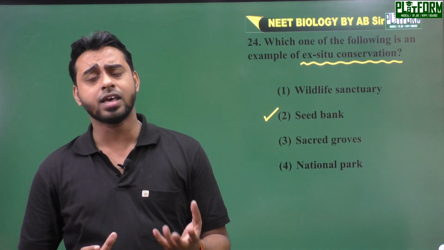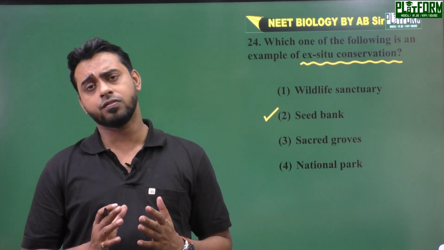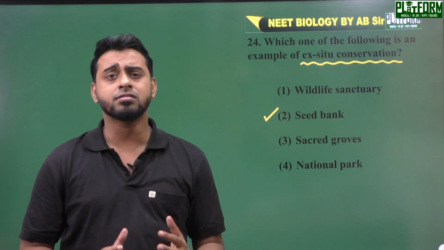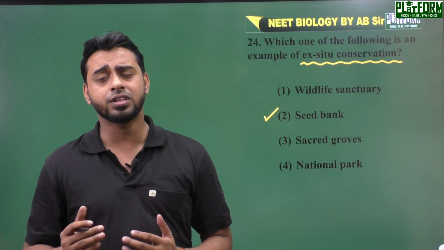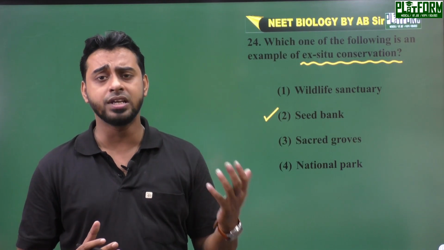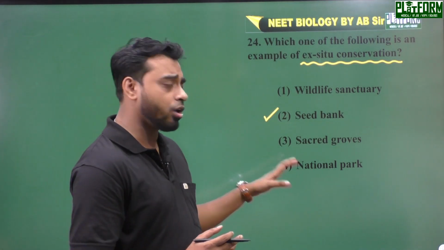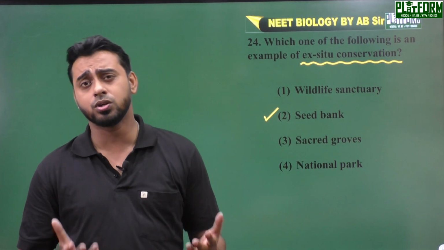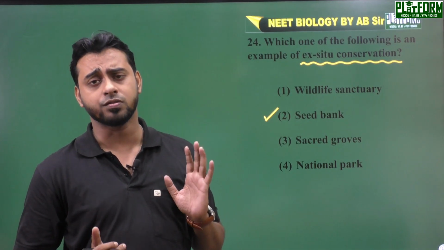What do you mean by the sacred grove? This is also an approach of in situ conservation where the plants and the animals are conserved on the basis of some mythological beliefs. So that's actually the sacred groves, and it is not at all the national park, because we know that the national park is also an example of in situ conservation.